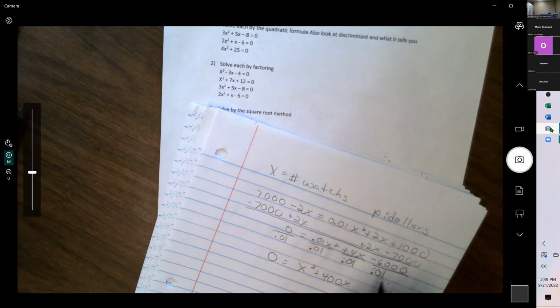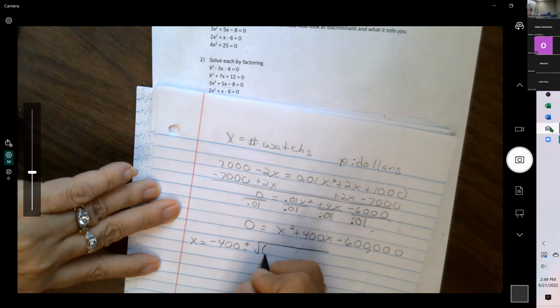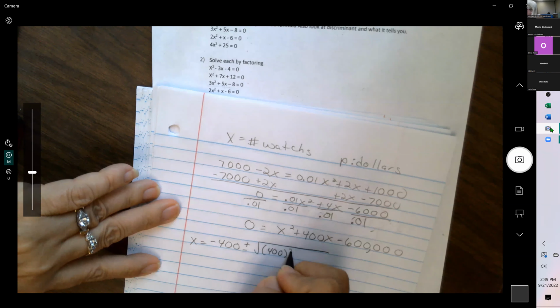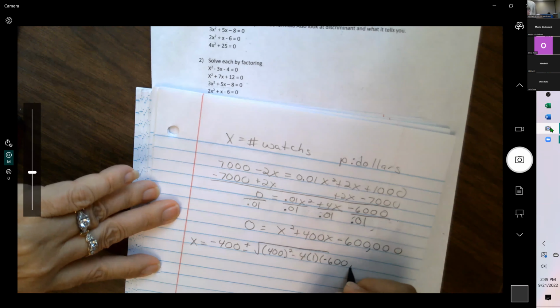I would use quadratic formula. Negative 400 plus or minus the square root of 400 squared minus 4 times a times c. Make sure you take your sign with your values.